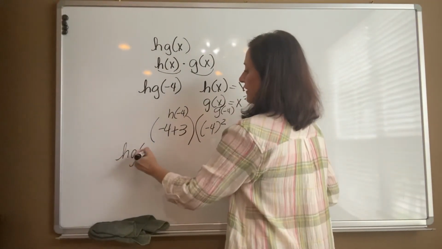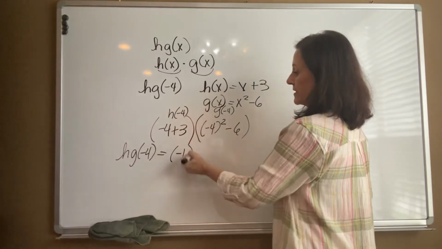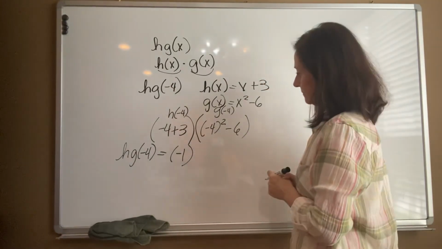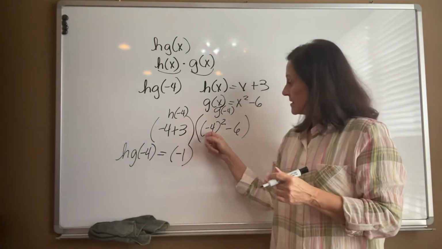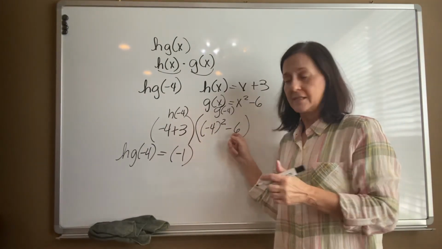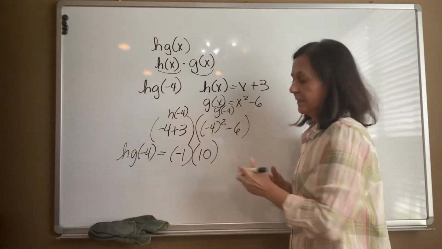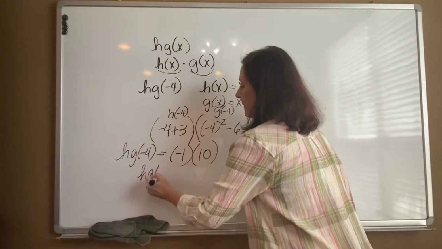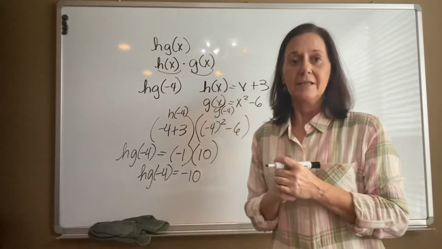So hg of negative 4 equals negative 4 plus 3 is negative 1. Negative 4 squared is 16. 16 minus 6 is 10. So hg of negative 4 is equal to negative 10.